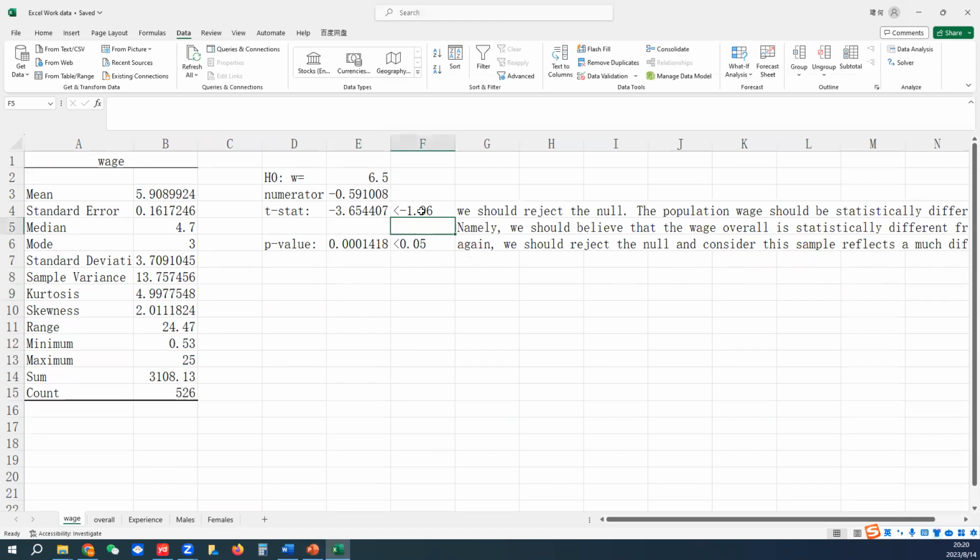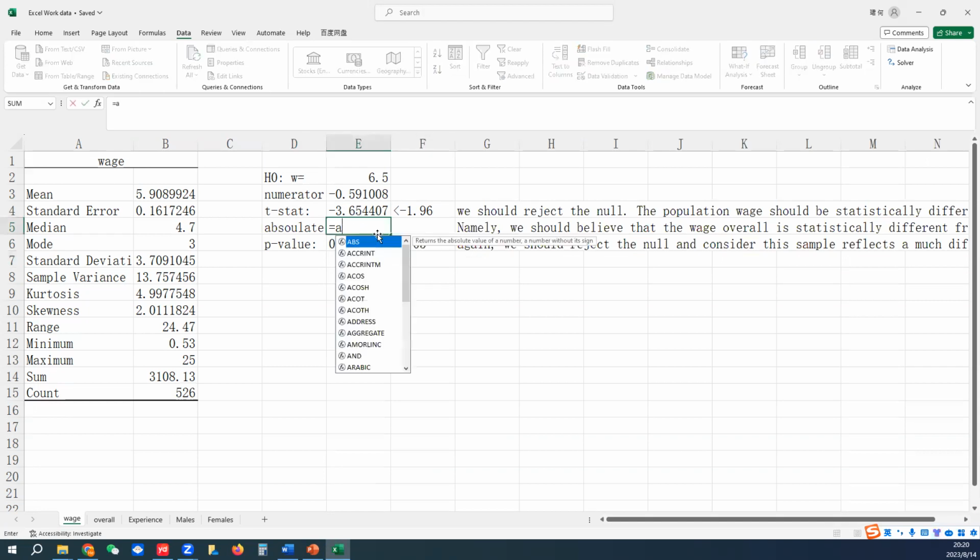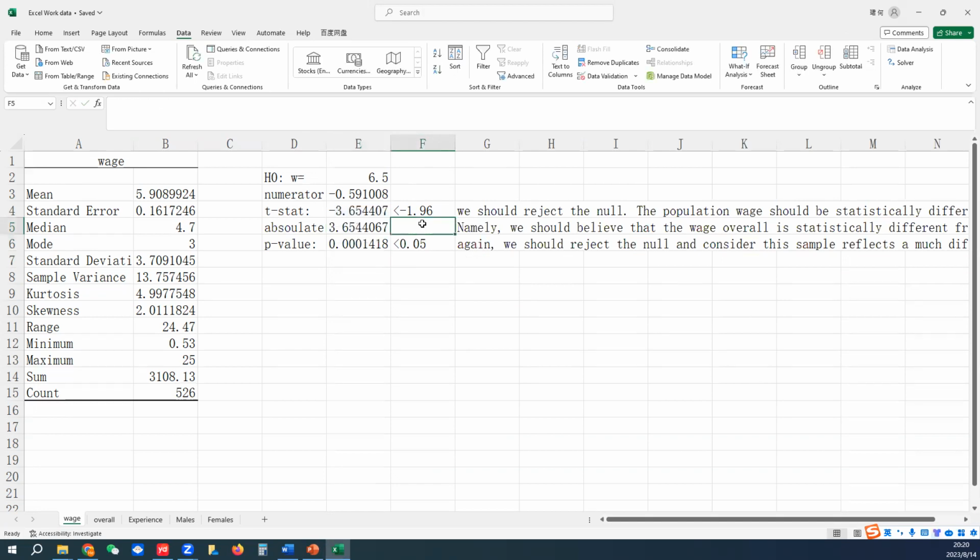What we normally do is look at the absolute value, where abs means absolute value, and that is greater than 1.96. And that's when we should reject the null hypothesis.